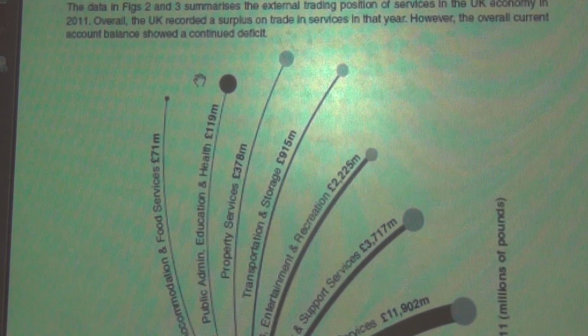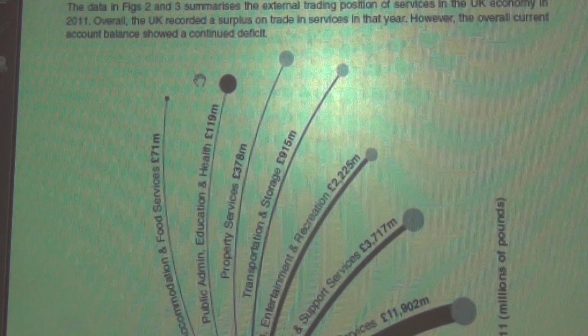Services is just one of the 4 components of the current account. And so even though the services balance is well into surplus, in our case in the UK, it is our goods balance which is very significantly in deficit, and as a consequence of that, it drags the whole current account balance into deficit. So do be able to explain that in your answer.